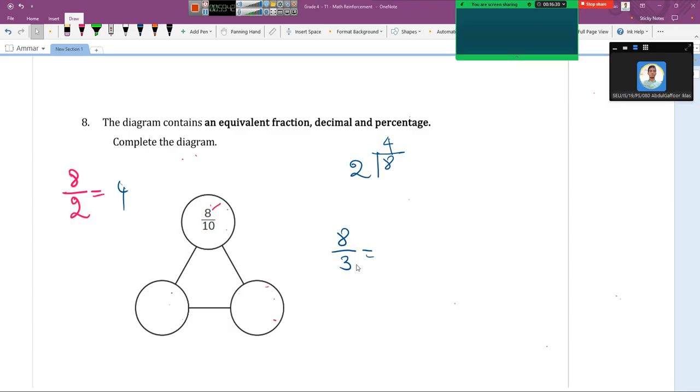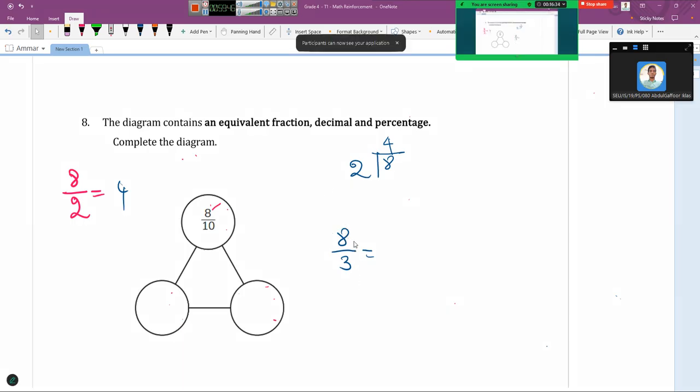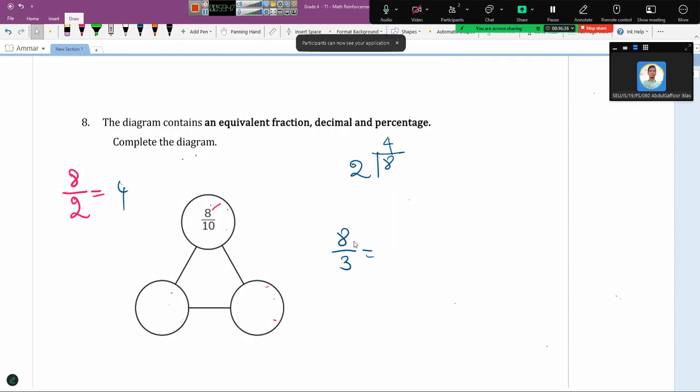Okay, so 8 divided by 3. I am not able to divide this one. Do you have any issues in division? It's 3? How? 8 divided by 3, right? So how many 3s do we have in 8? 2. Okay, it's 2. 2 times 3 is 6.